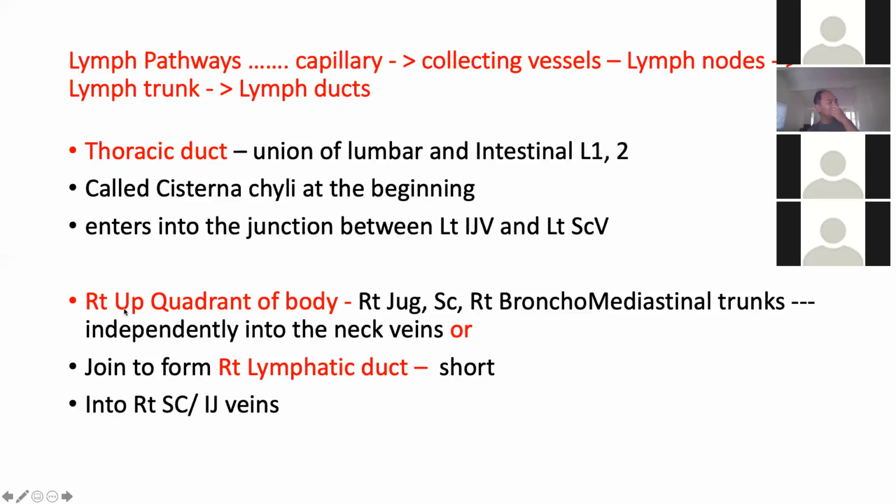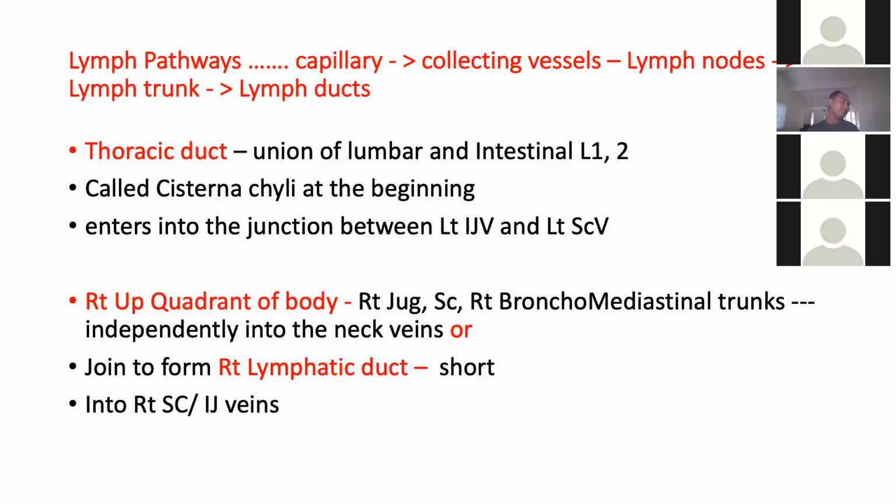And the right upper quadrant of the body will form the right jugular, right subclavian, and right bronchomediastinal trunks, and they will independently go into the large neck veins. They might combine or they might not.